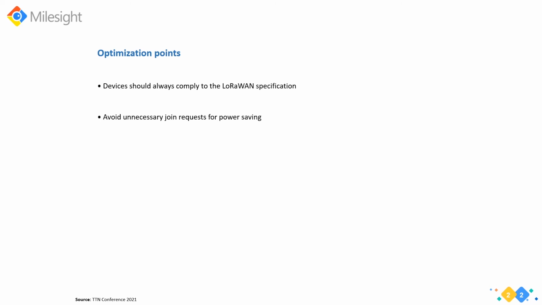Sending a join request every 10 seconds lowers the battery quickly, so in that case you can use a back-off mechanism. And the interval between messages is very important; it should be in the range of several minutes.